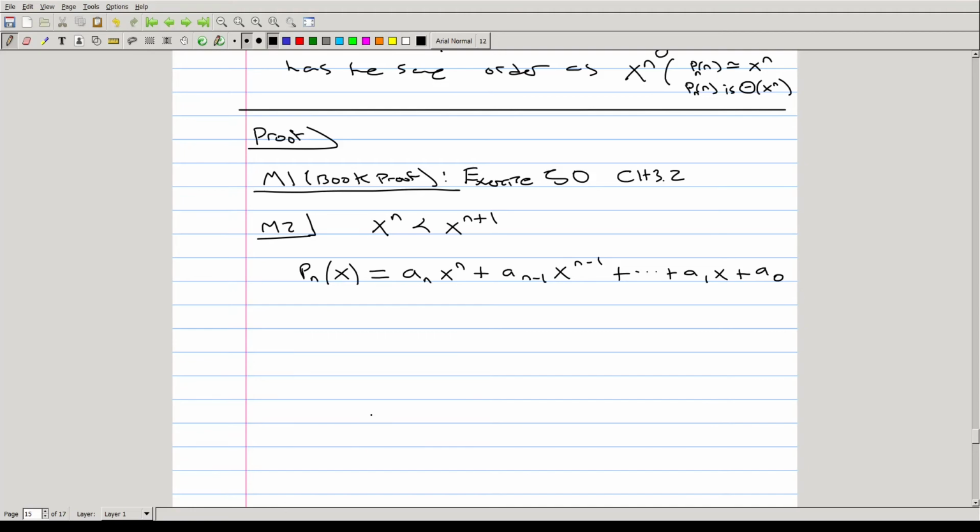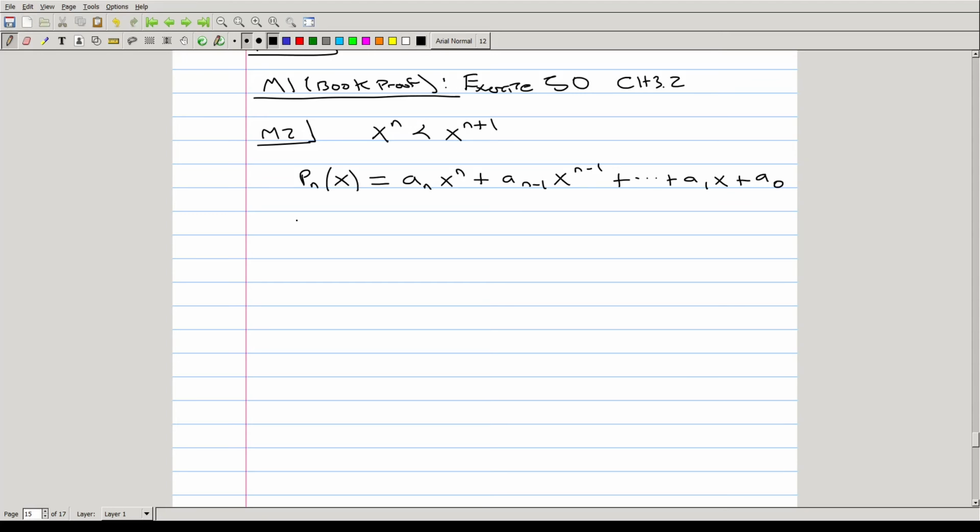we can use induction to show that Pn of x is theta of x to the n, or equivalently Pn of x is on the same order as, grows at the same order as x to the n.